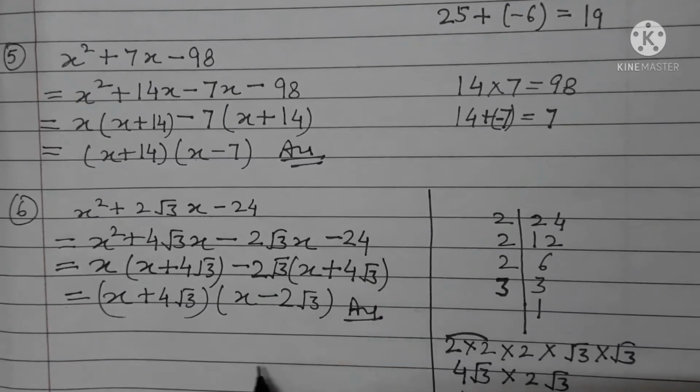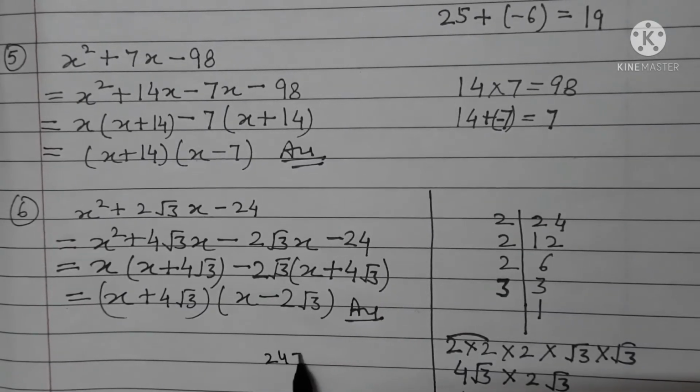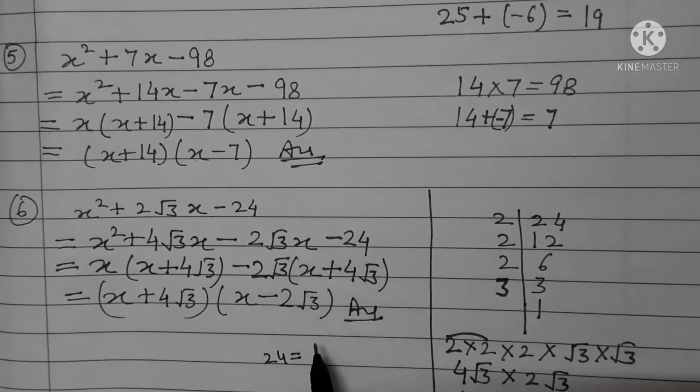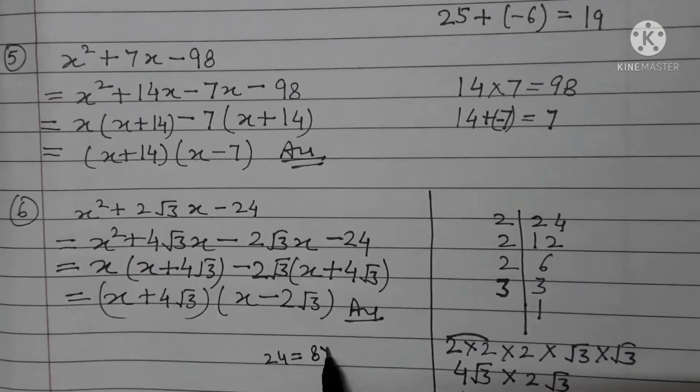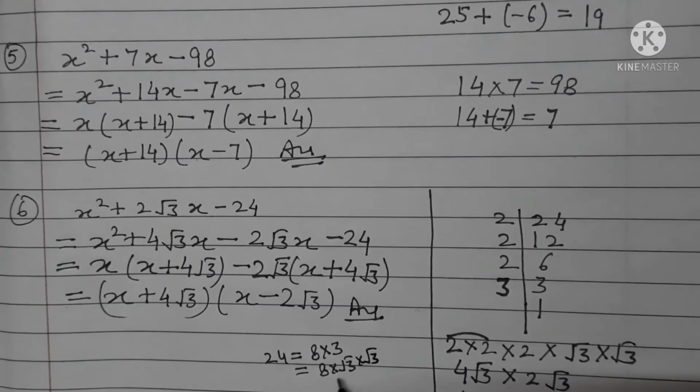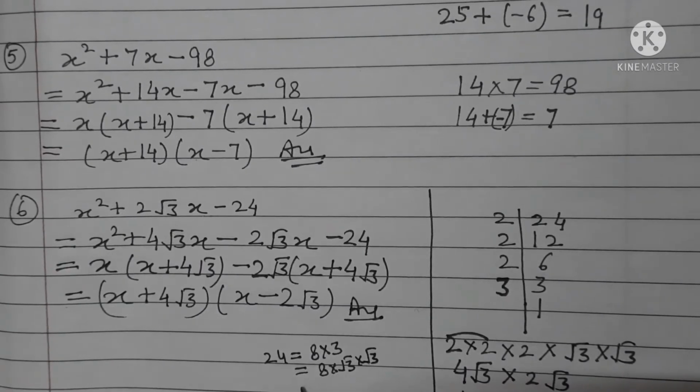Now I am showing how to break that 24. 24 is equal to, break it in the form of the factor of 3. So 8 into 3, and you can write it as 8 into root 3 into root 3.